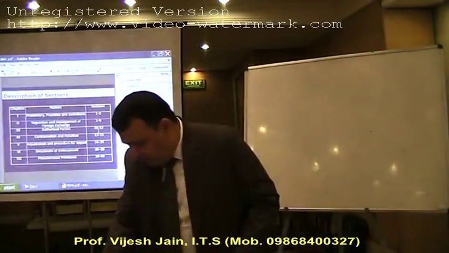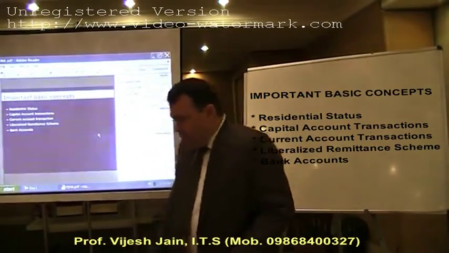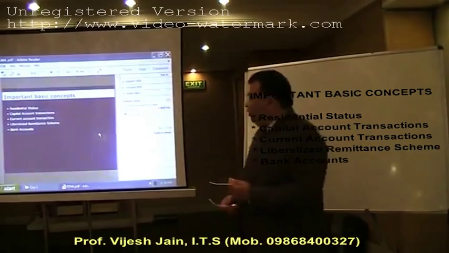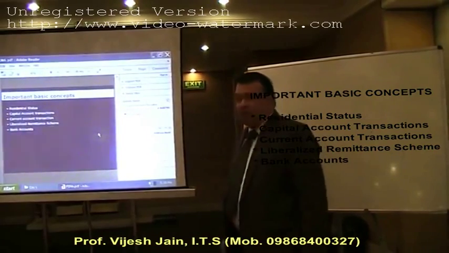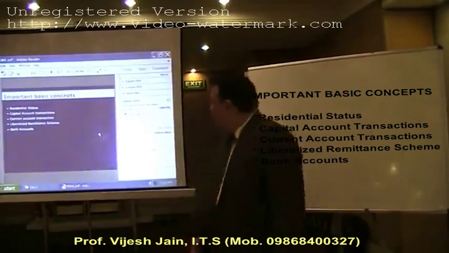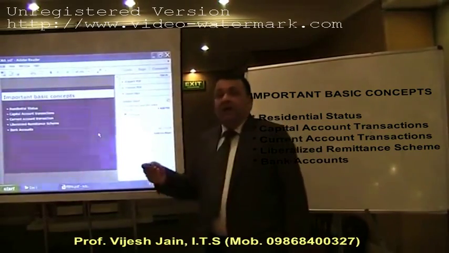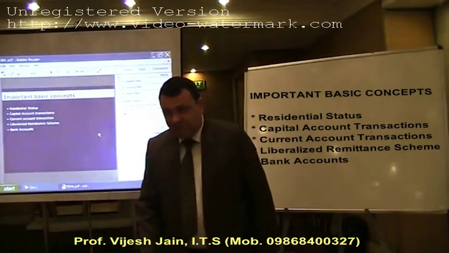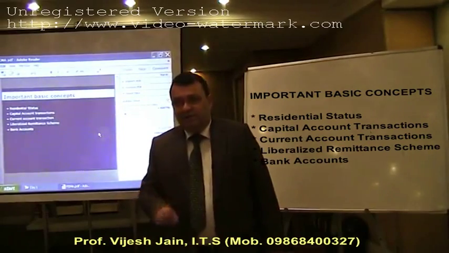And you will see here definitions, like for example, important basic concepts. What is the residential status? Who is NRI, who is not an NRI? Who is an Indian resident, who is not? Similarly, what are capital account transactions and what are current account transactions?